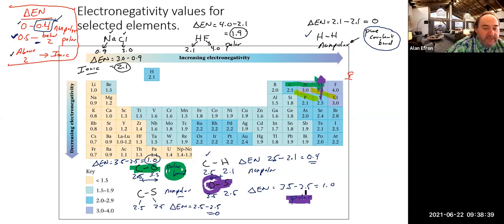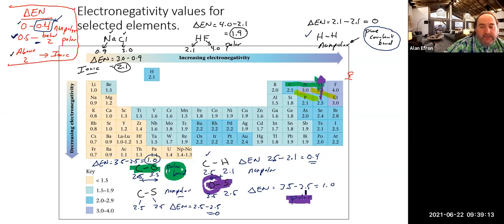So there are several situations, especially when you're comparing two things in the same period or in the same group, where you really don't need these numbers at all. You could just use the general trend of electronegativity, and determine that if they're in the same group or the same period, it's probably a polar bond. And the more electronegative one is whichever is further to the right or further up. You wouldn't necessarily need the numbers to determine that.